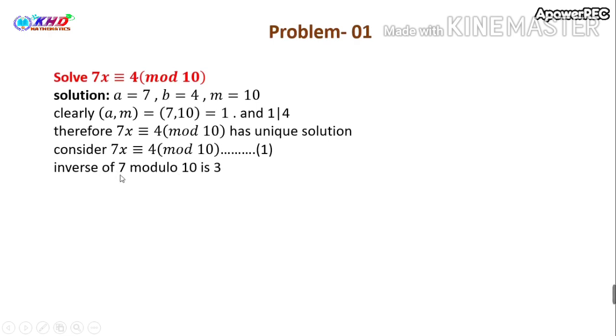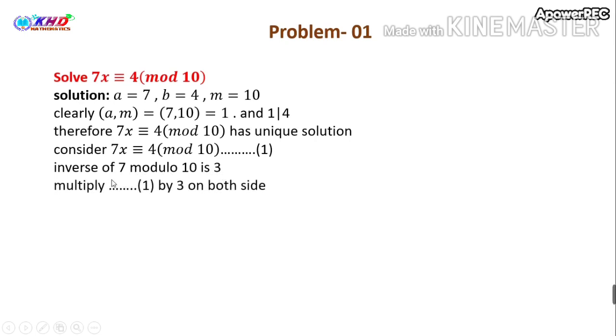The inverse of 7 modulo 10 is 3, because 7 into 3 is 21, and 21 is congruent to 1 modulo 10. So in case of congruence modulo 10, we always consider the multiplicative inverse. That means the product should be 1 after applying the modulo.